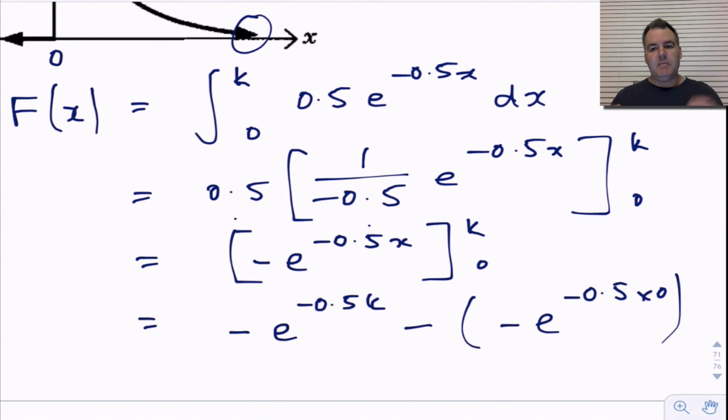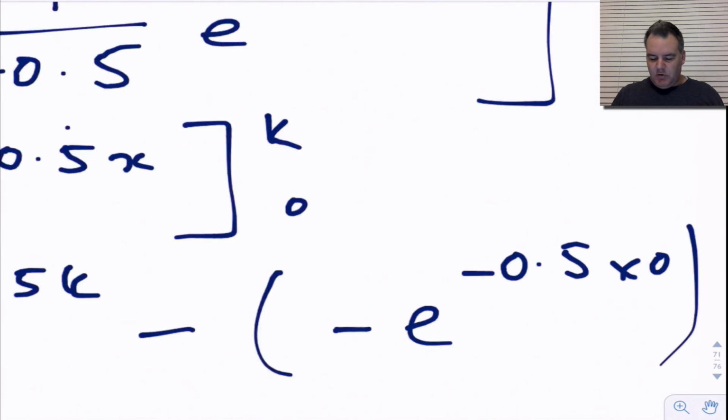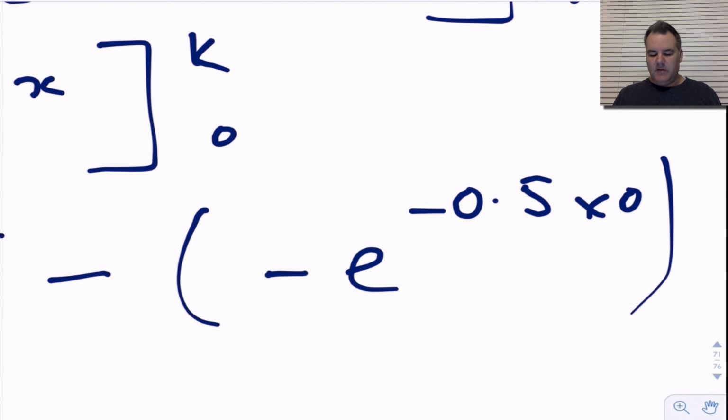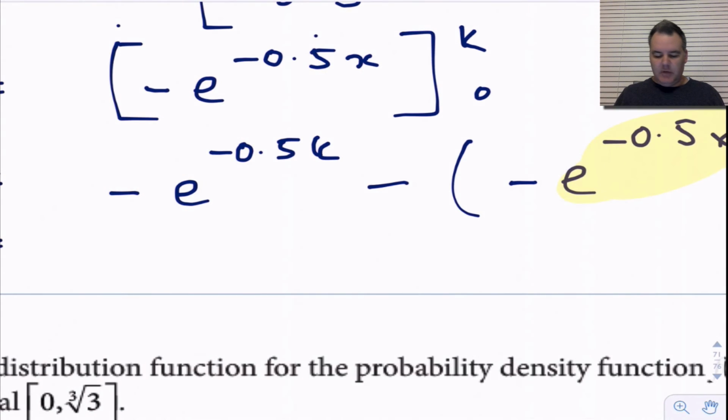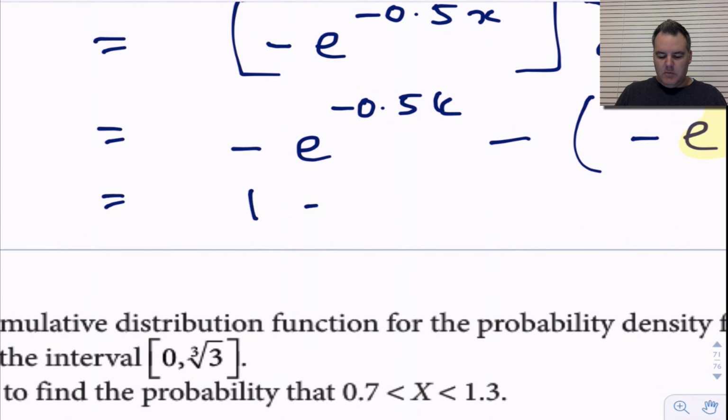You've got to be really careful here because a lot of the times when we substitute 0 into these integrals, we get 0. But of course, in this case here, we don't. This is e to the power of 0, which is 1. Okay, so this thing here is equal to 1. So you just got to be really careful there when you do this. So I get negative and negative is plus. So we end up with 1 minus e to the negative 0.5k.